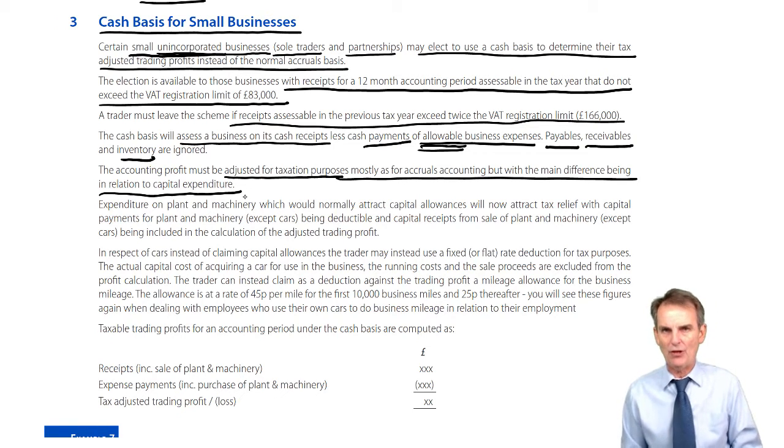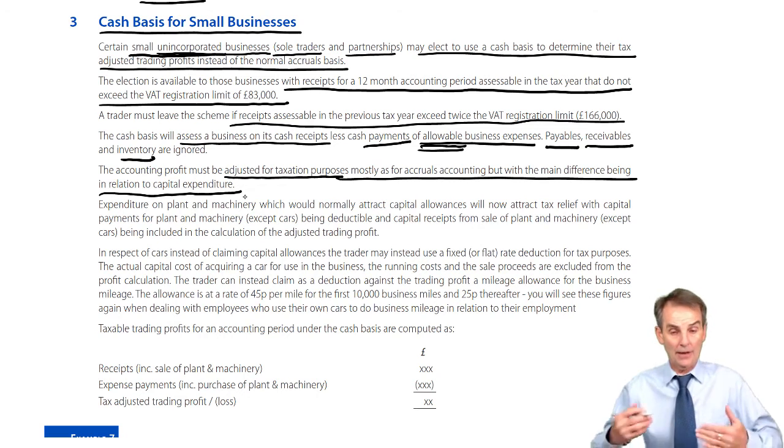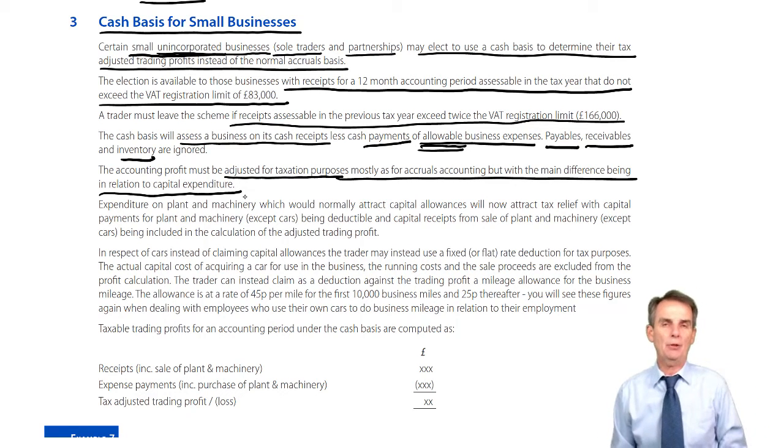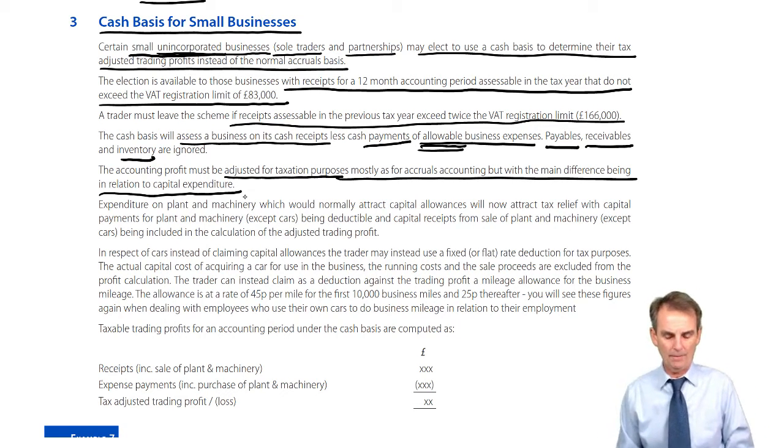We only allow revenue expenses against trading profits, and then separately consider within our capital allowances computation whether the capital expenditure incurred in the basis period, in the accounting period, does that represent qualifying plant and machinery. If it does, then that feeds into the capital allowances computation.